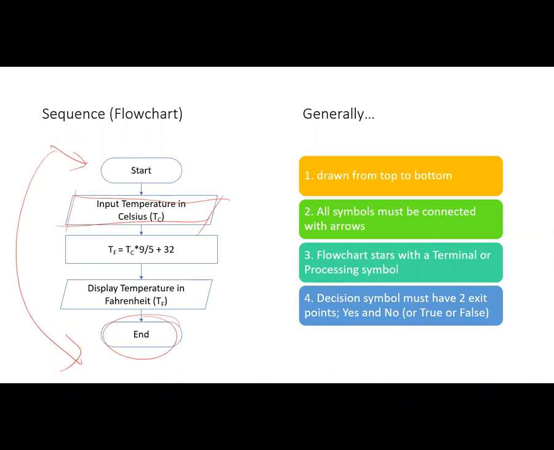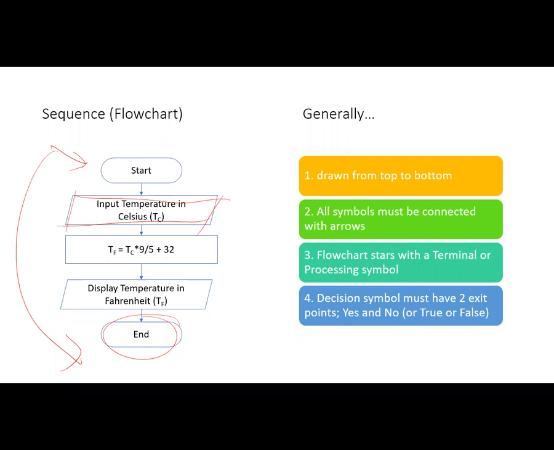We use flow lines with arrows to indicate the data flow. Generally the flow chart goes from top to bottom, all symbols must be connected with arrows, and a flow chart starts with a terminal symbol.